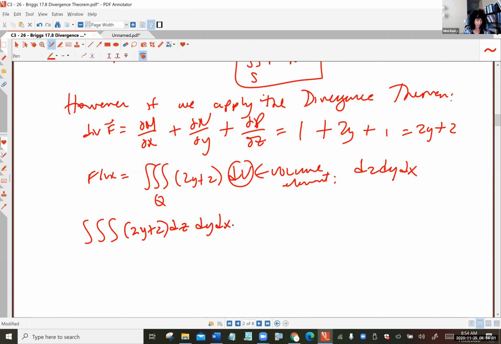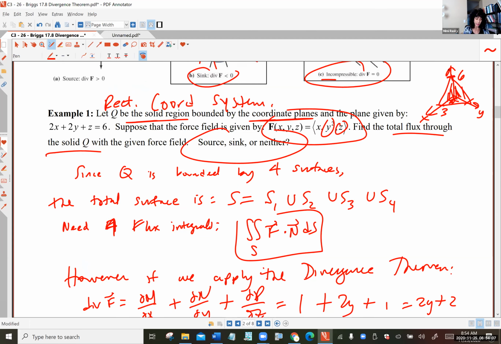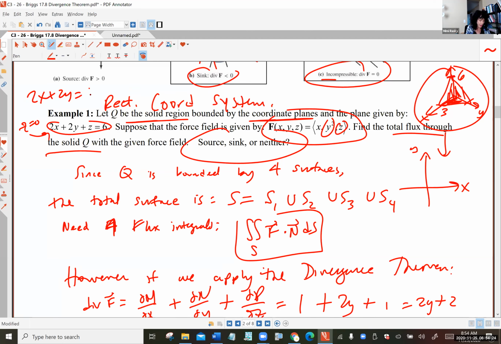And it might be good for us to figure out, since dy dx are the outer variables of integration, can anybody tell me what they think the region in the xy plane looks like here? Yeah, you got a triangle because of the base of the solid. So if you set z equal to 0 in this plane equation, you'll get 2x plus 2y equals 6.